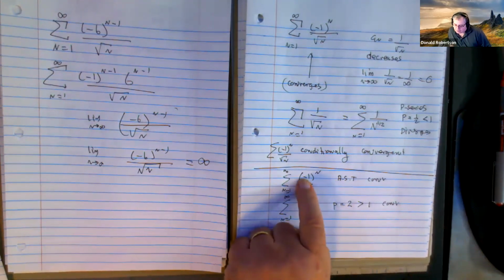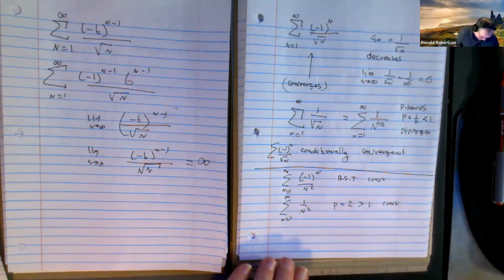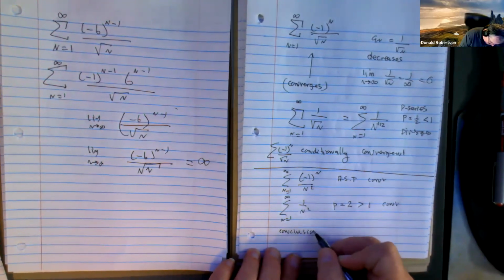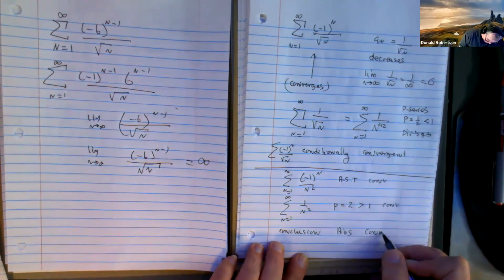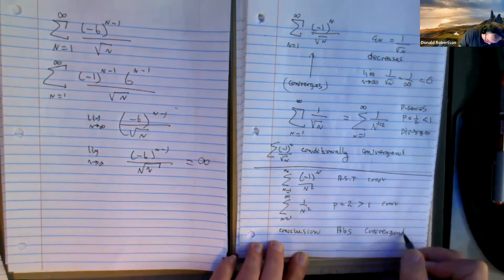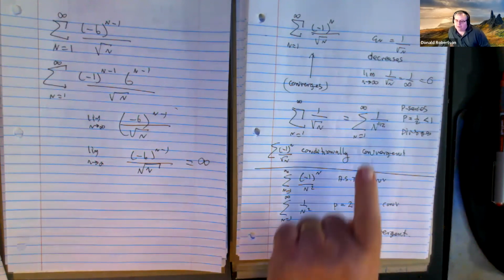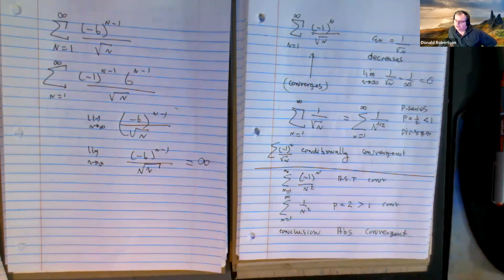If the original converges and when you turn everybody positive, it still converges, our conclusion is that it's absolutely convergent. Do you see the difference between a conditionally convergent series and an absolutely convergent series?